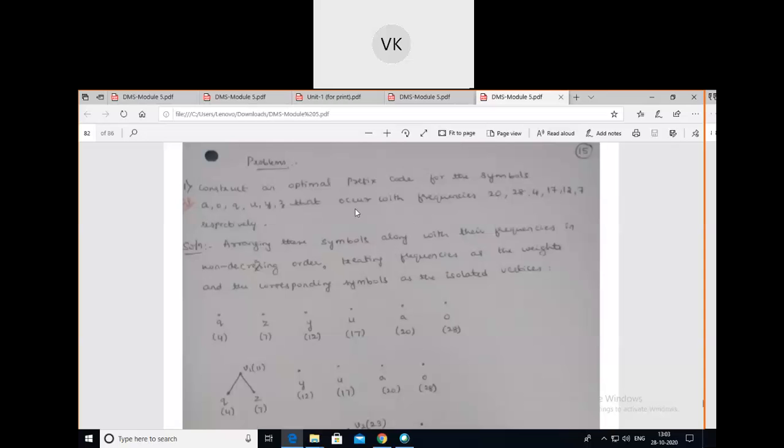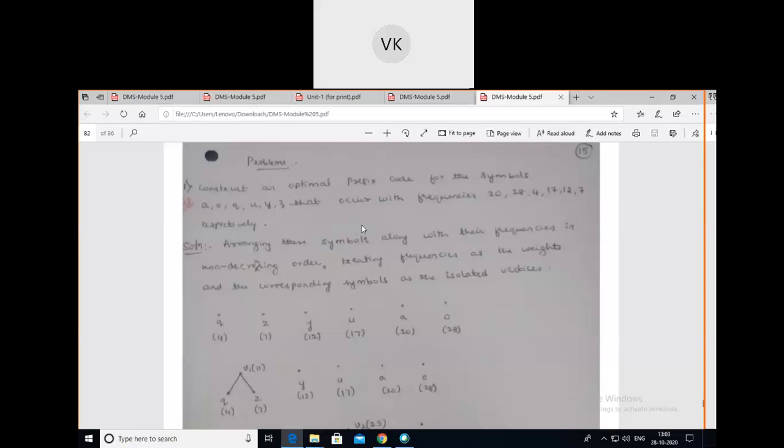He has given some input data here. All these symbols, a, o, q, u, y, z, have weights or frequencies 20, 28, 4, 17, 12, 7 respectively. He has given symbols with respect to weights: 20 for a, 28 for o, and so on, 7 for z.